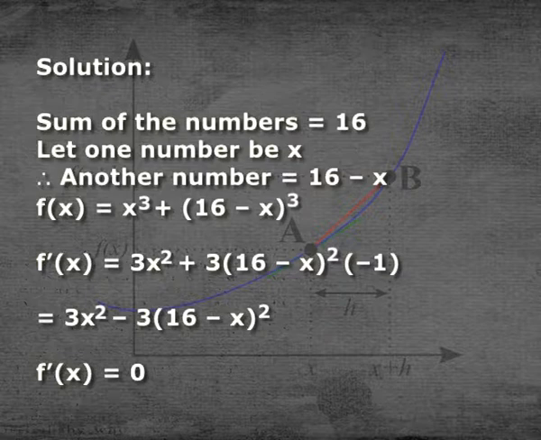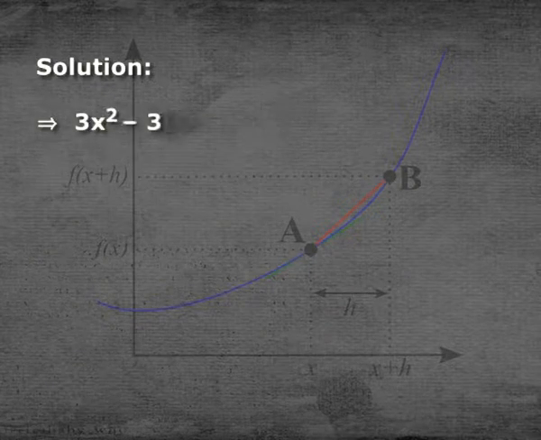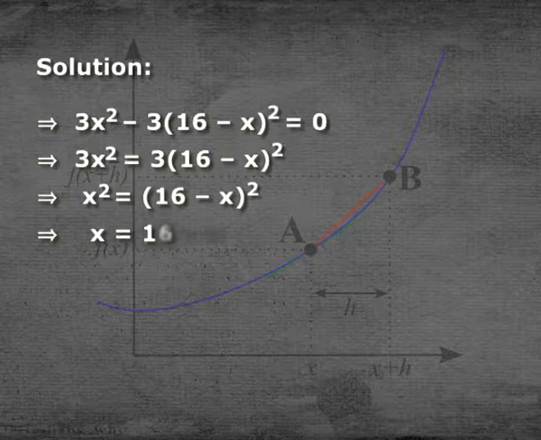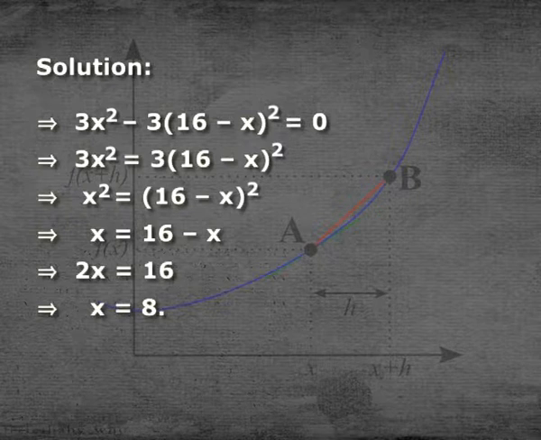We know that f dash x is equal to 0, so we equate 3x square minus 3 into 16 minus x the whole square to 0. That gives us 3x square equal to 3 into 16 minus x the whole square. So x square will be 16 minus x the whole square and finally x will be 16 minus x. So 2x will be 16, which implies that x is going to be 8.